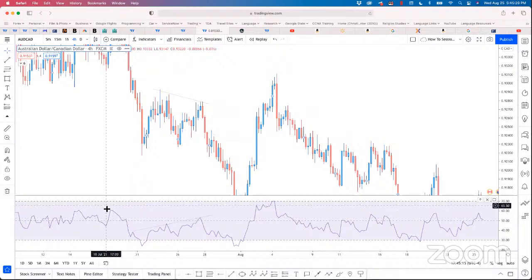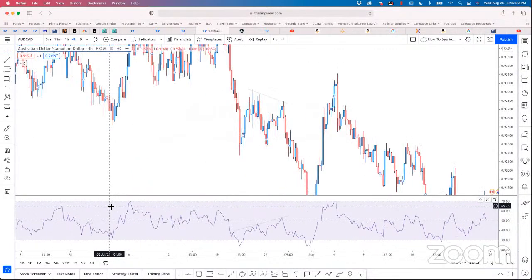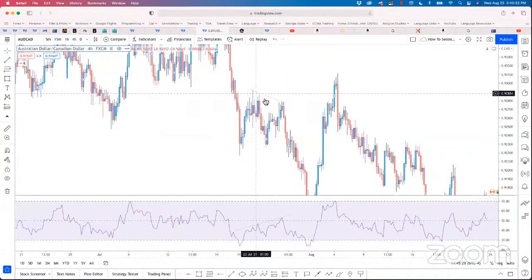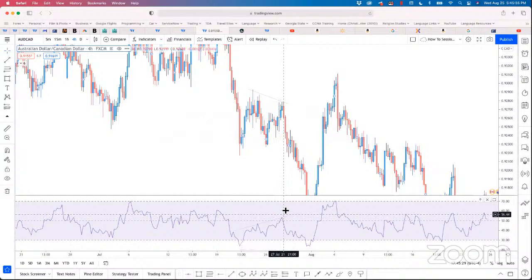In this case, we had gone from the highs all the way over here to the low, and now we had retraced back up to 50, which gave us this divergence right here and right here, and then gave us a signal that this could be selling off.